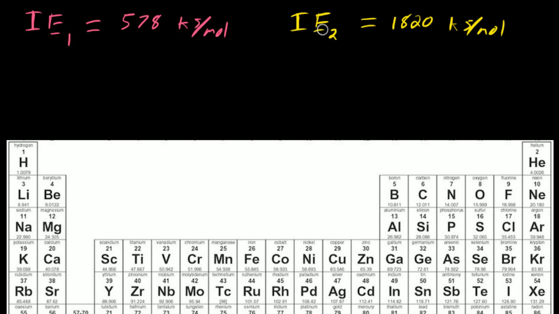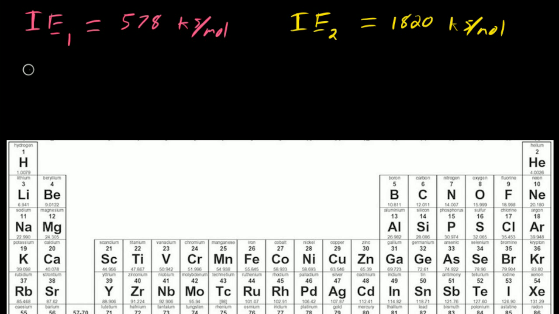So if we wanted to figure out the energy to remove two electrons, we would have to add these two numbers together, right? This is the energy required to remove that second electron after we've removed the first one. Ionization energy 1 removes the first electron, ionization energy 2 removes the second.